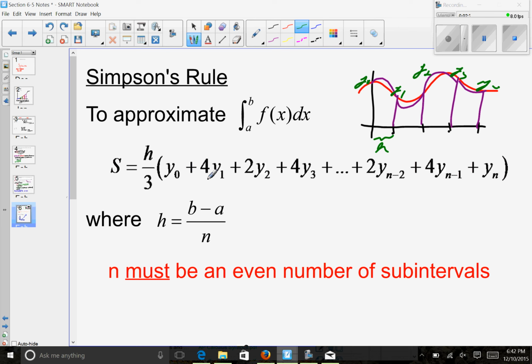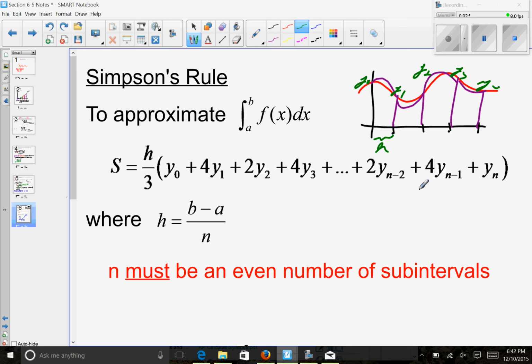The key is in the middle, so it's 1 times the first y value, 1 times the last y value, but in between it goes 4, 2, 4, 2, 4, and you just keep repeating that, but it'll always be 1 plus 4 times something plus 2 times something, and it always ends with 4 times something plus 1 times something.